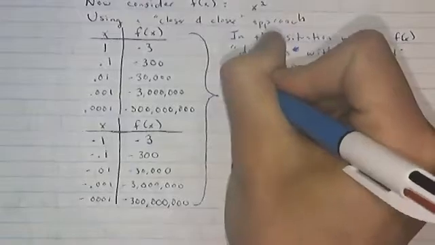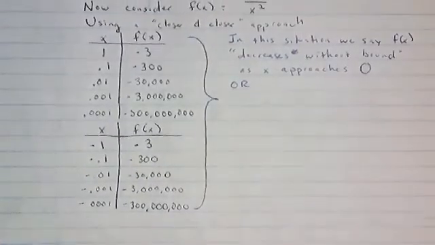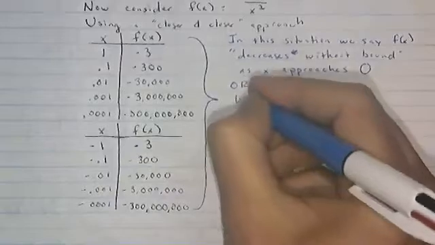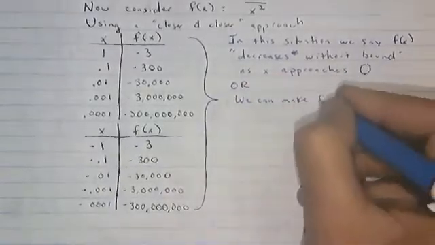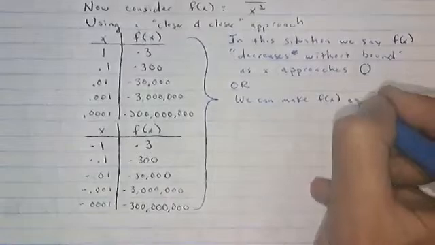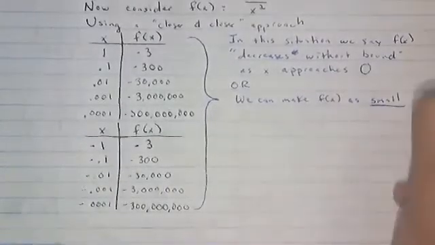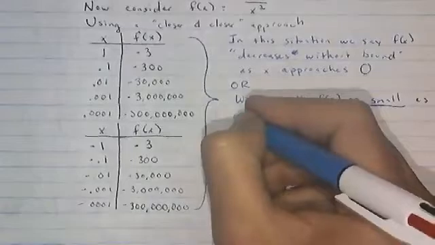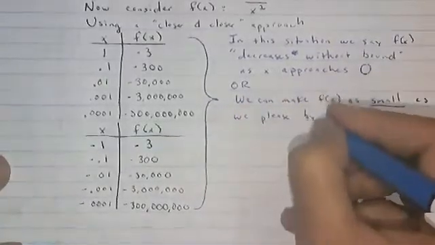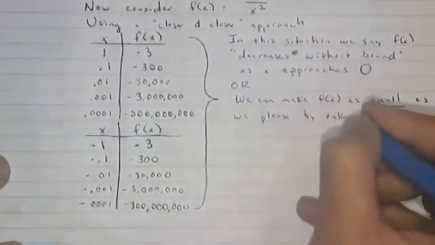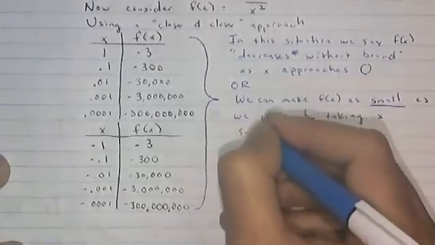Or what Power and Sweeney helped us get to is, we can make f of x as small as we please, not as large now, but as small as we please, by taking x sufficiently close to 0.